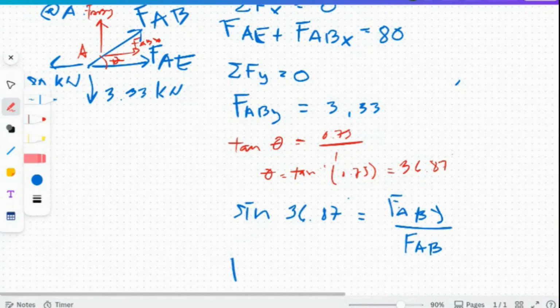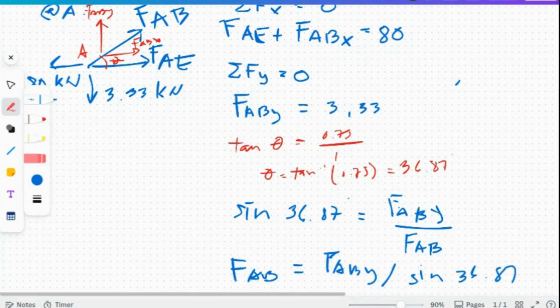Now you can solve FAB, opposite over hypotenuse, by solving FABY divided by sine 36.87.